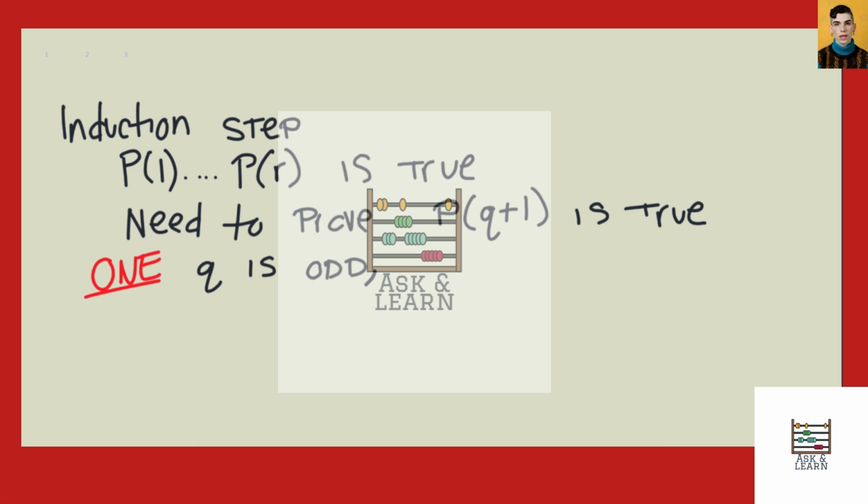Okay, in that case, it follows that q plus 1 is even. And if q plus 1 is even, then there exists some integer r such that q plus 1 is equal to 2r.